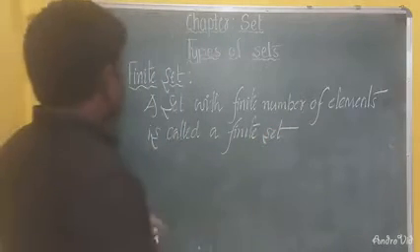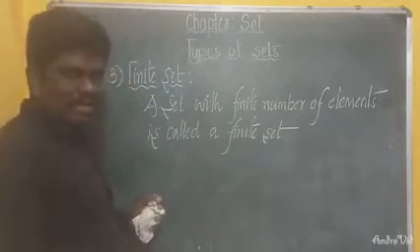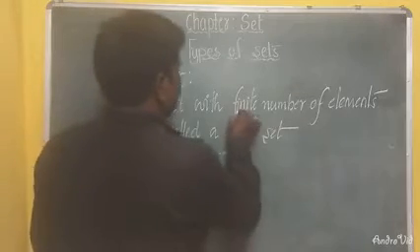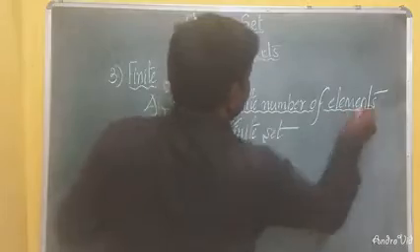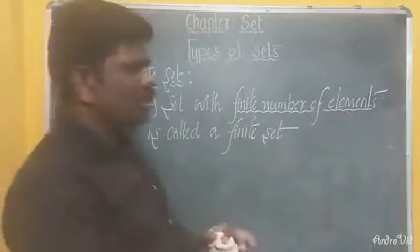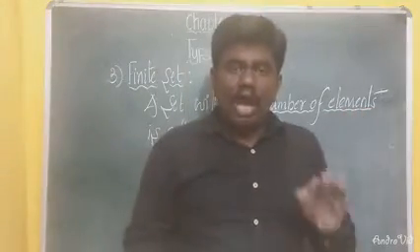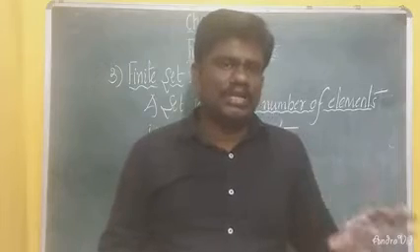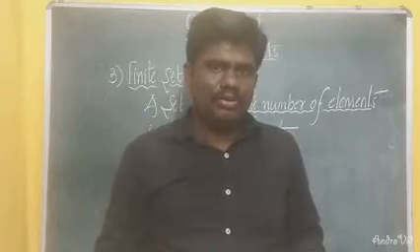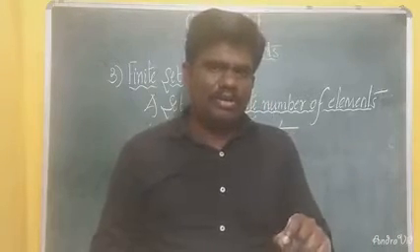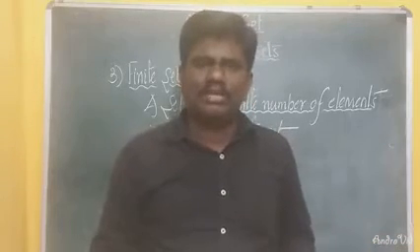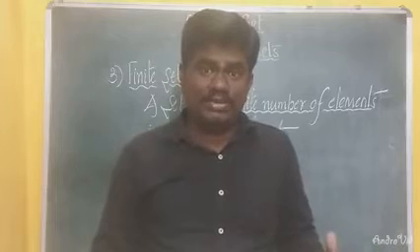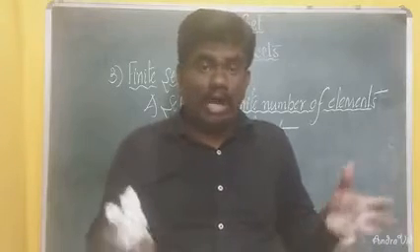The main speciality of this set is that it will be having finite number of elements. That means we can easily know how many elements will be there in this set. We will know whether there are 2 elements, 5 elements, 10 elements, or maybe 100 elements.